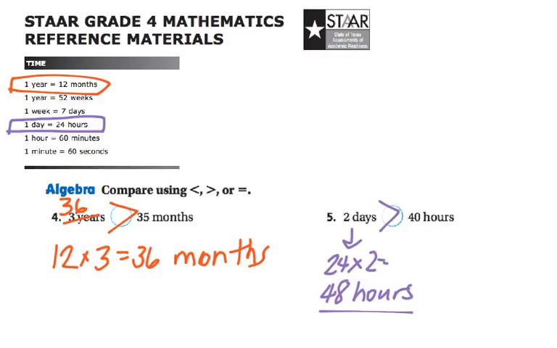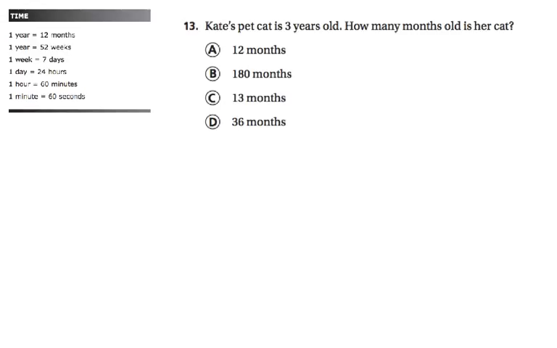Let's look at another problem. Thirteen says, Kate's pet cat is 3 years old. How many months old is her cat? Well, I'm comparing years and months.